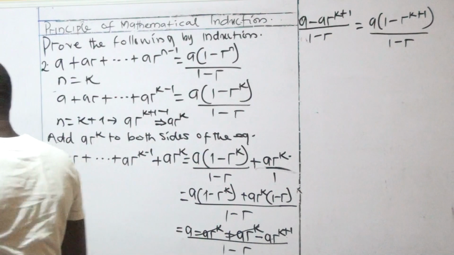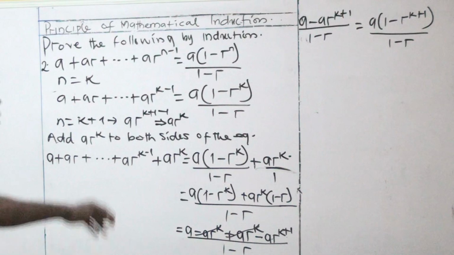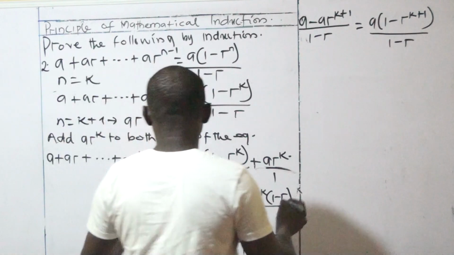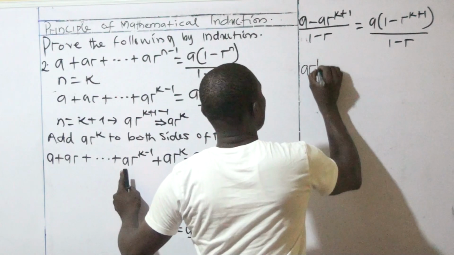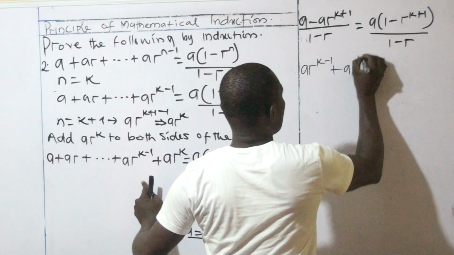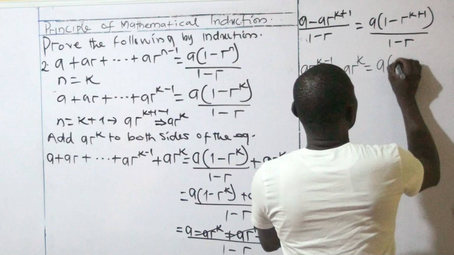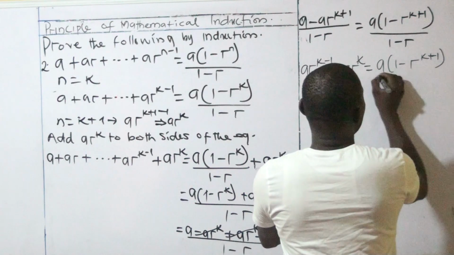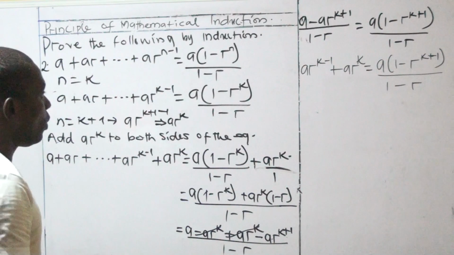So this is our right hand side. Okay, the left hand side is this. This is the left hand side and the right hand side. Let me bring them together here. Here we have a r raised to power k minus 1 plus a r raised to power k, equal to a open bracket 1 minus r raised to power k plus 1 close bracket over 1 minus r.